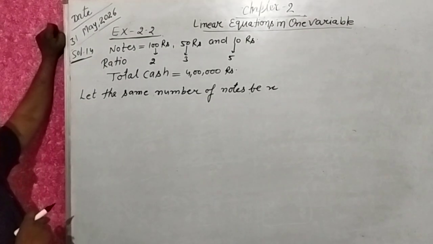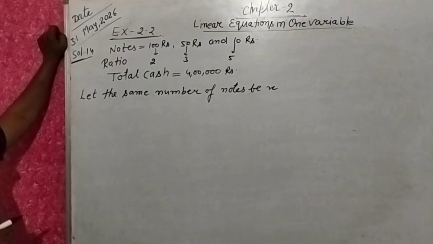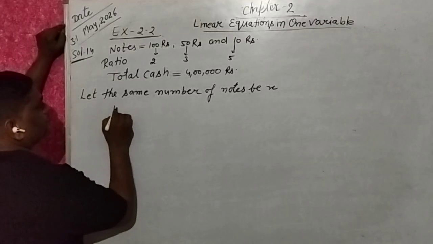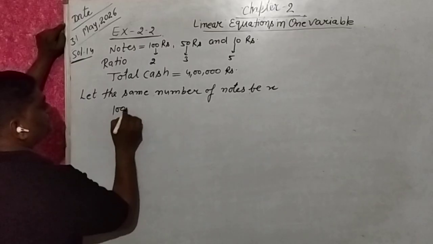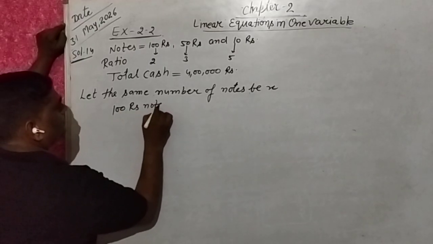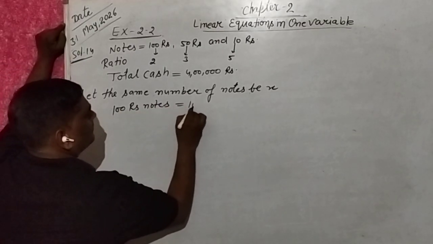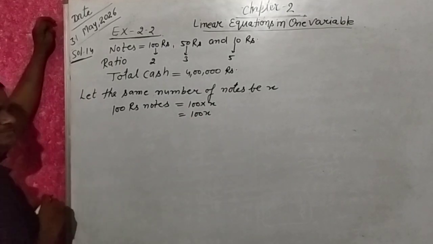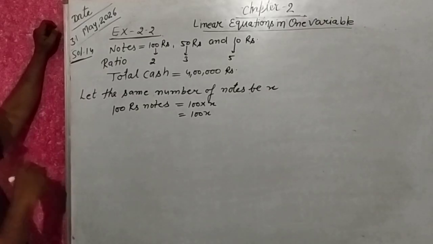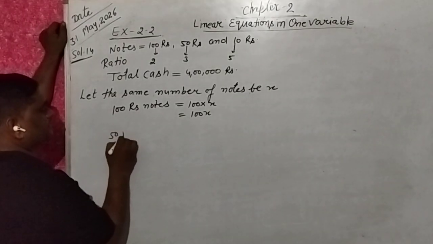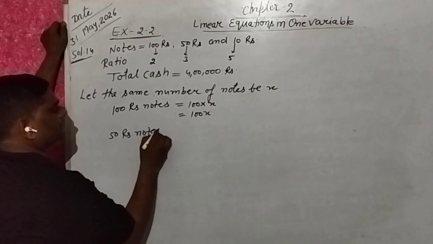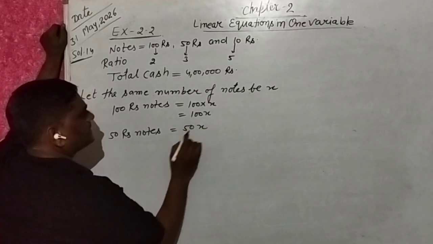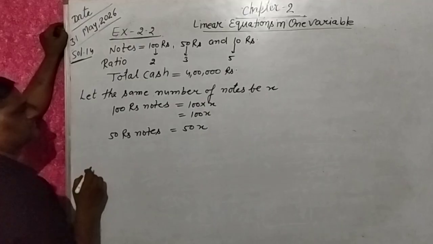Then the 100 rupees notes are 2x, the 50 rupees notes are 3x, and the 10 rupees notes are 5x. The amount of 100 rupees notes is 100 into x, 100x, and 50 rupees notes is equal to 50x.